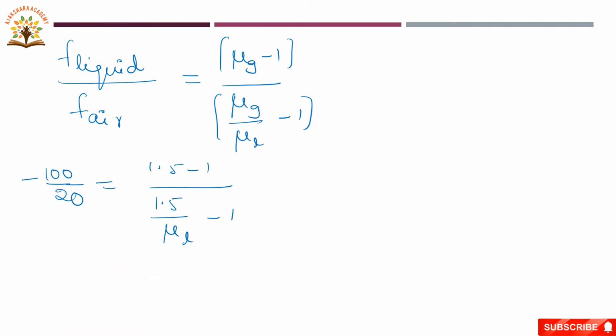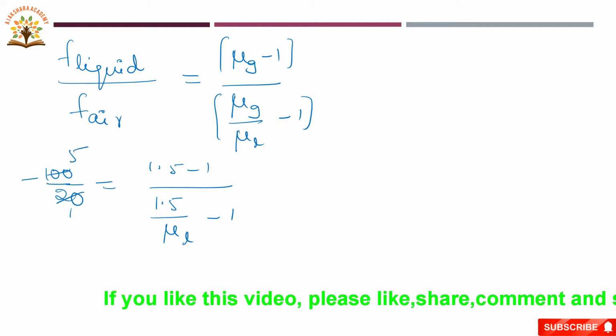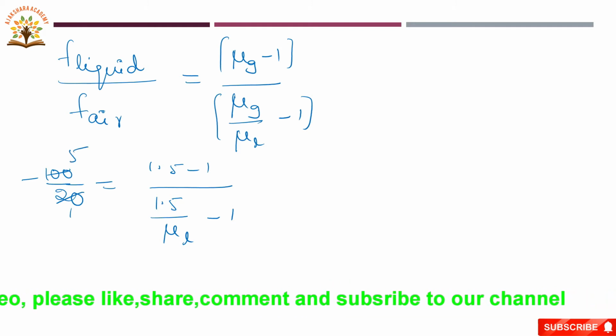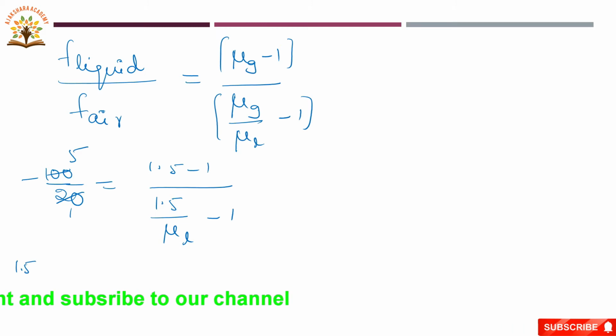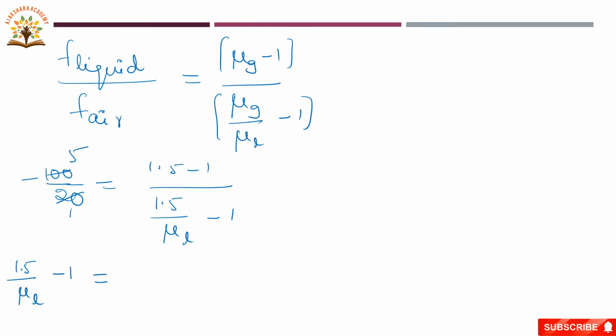So here 2 ones, 2 fives. So this can be written as 1.5 by mu L minus 1 is equal to 0.5 by 5, minus 0.5 by 5. This is equal to minus 1 by 10.